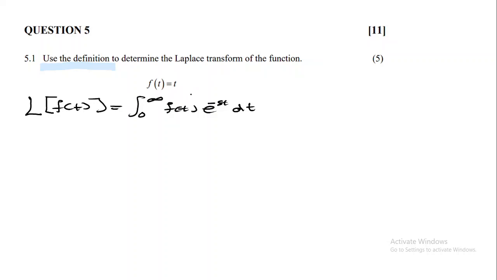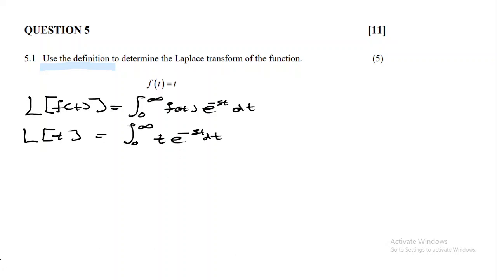The next step, you substitute the function f of t equals t everywhere you see f of t. So the Laplace of t equals the integral from 0 to infinity of t multiplied by e to the exponent minus st dt.